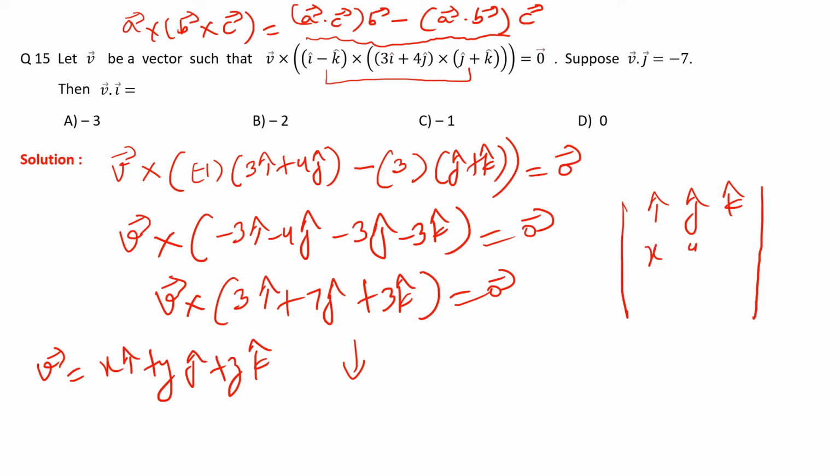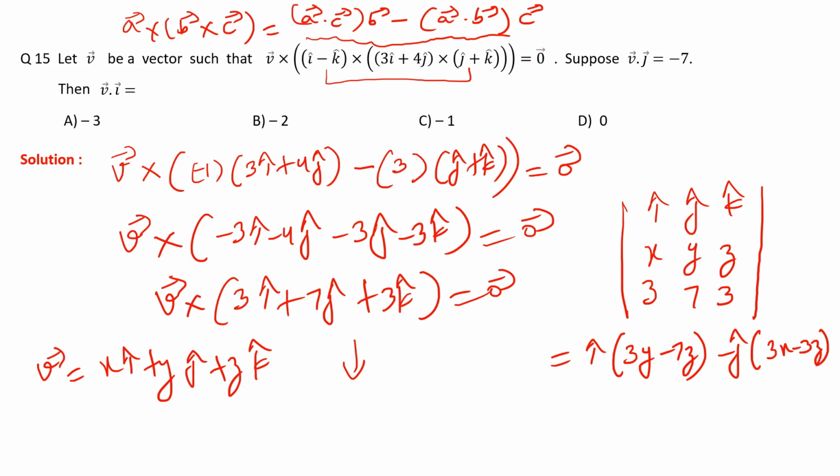This is ijk, xyz, 3 7 3. So this becomes i into (3y minus 7z) minus j into (3x minus 3z) plus k into (7x minus 3y).